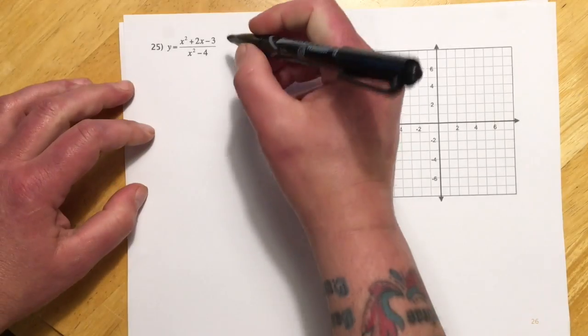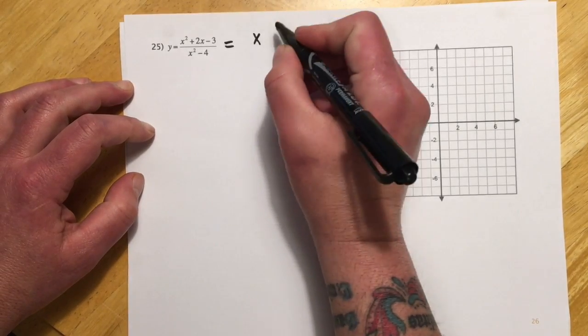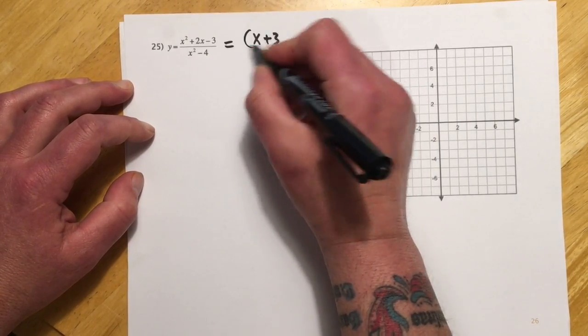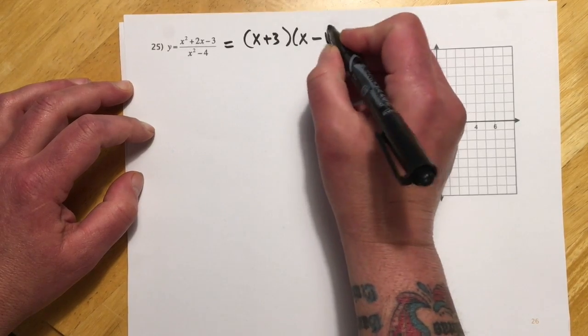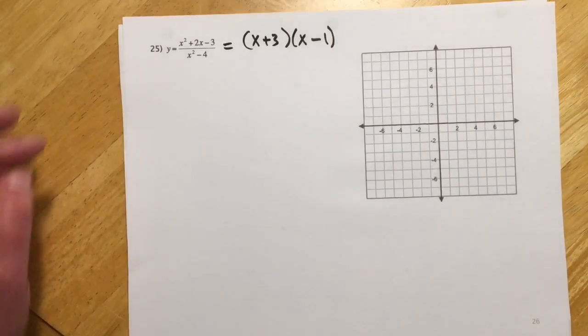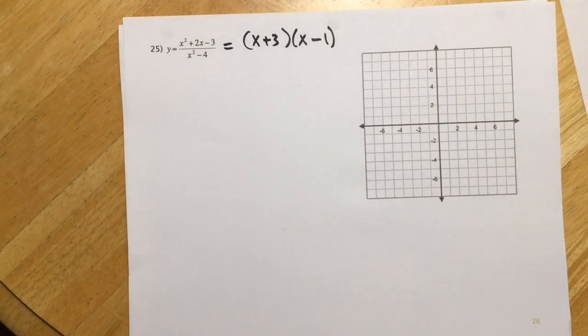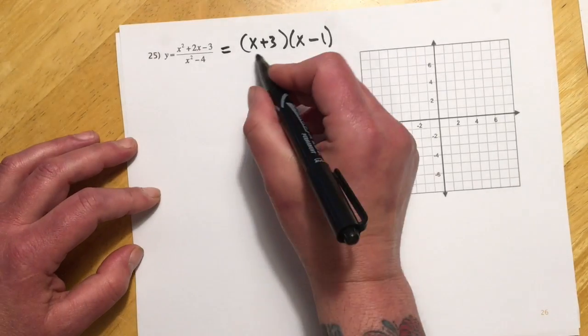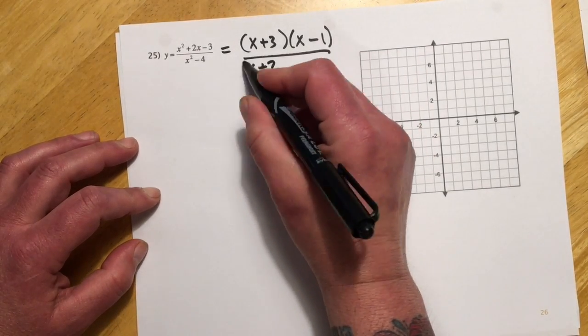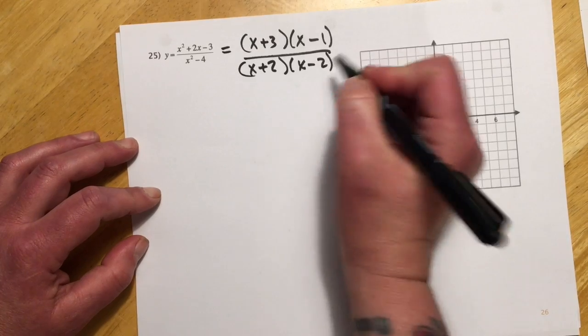So I'll get this factored and get x plus 3, x minus 1. And then for the denominator, that's going to be x plus 2, x minus 2.